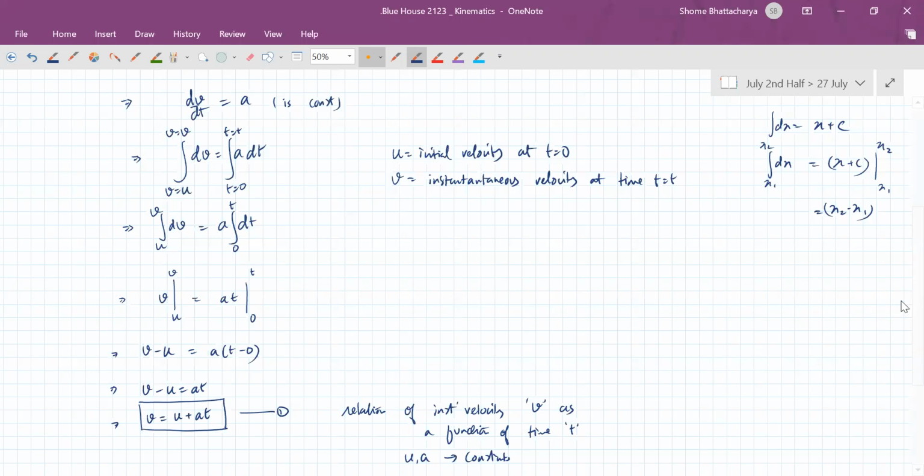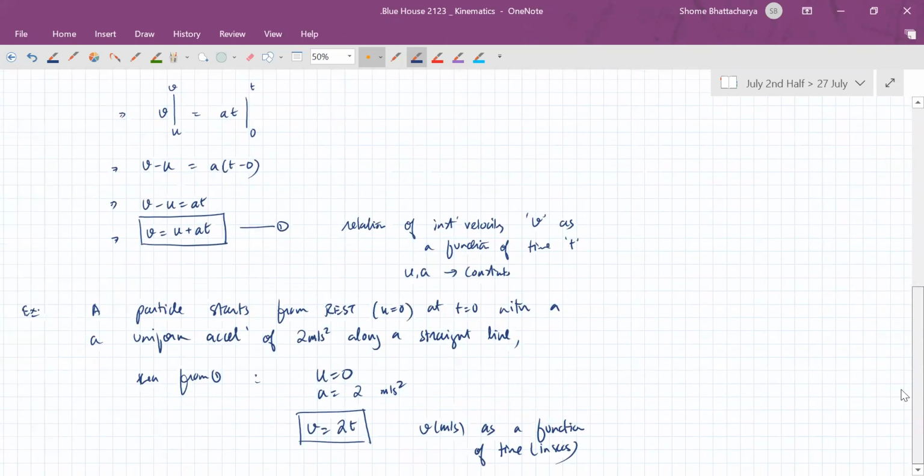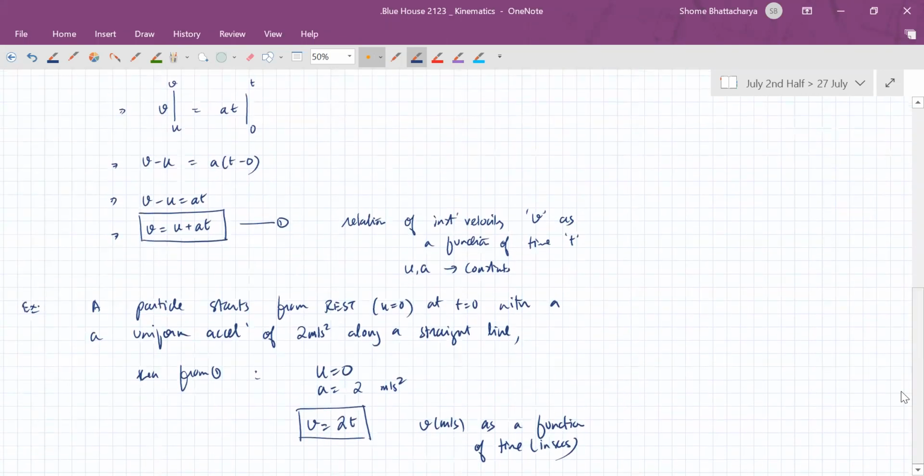Yeah, the next part is a small example of this. So the derivation is first of all clear to all of you. Yes, sir. We have plenty of application examples.